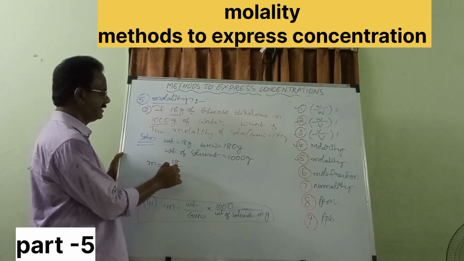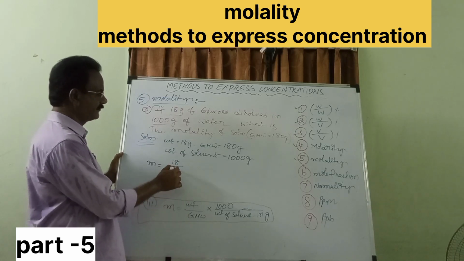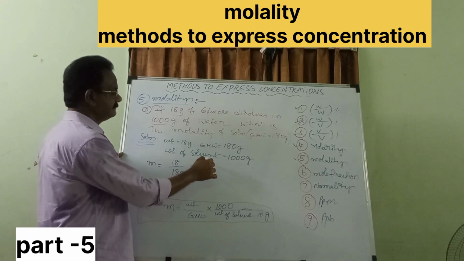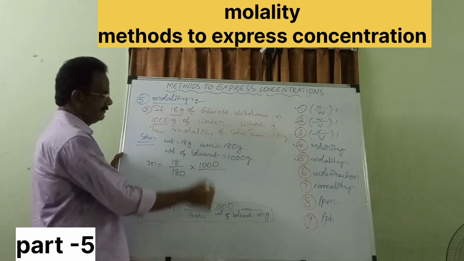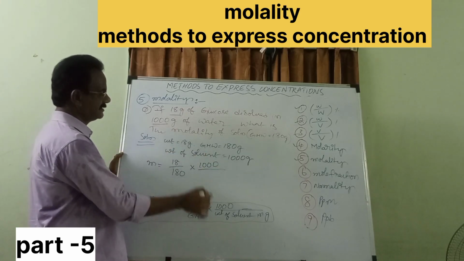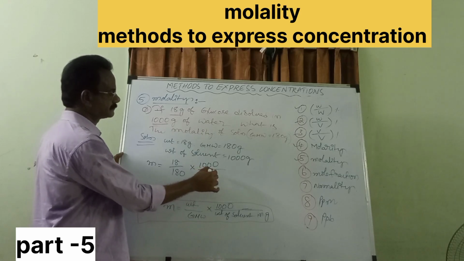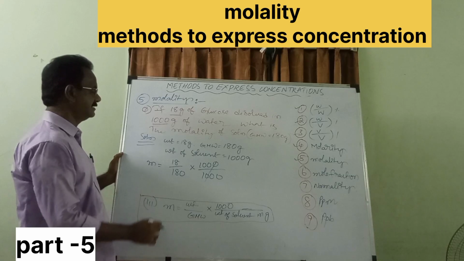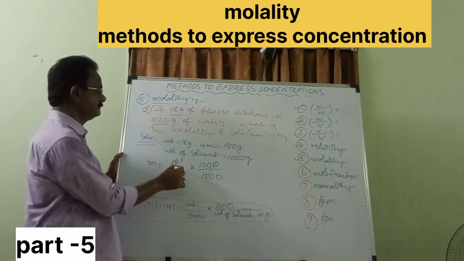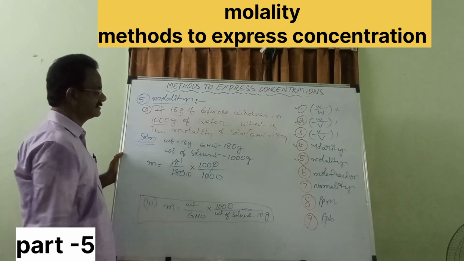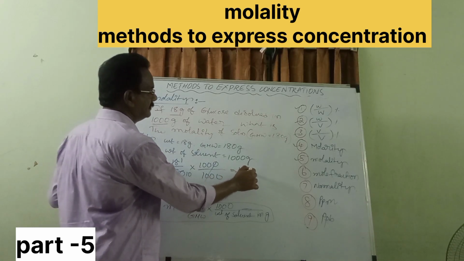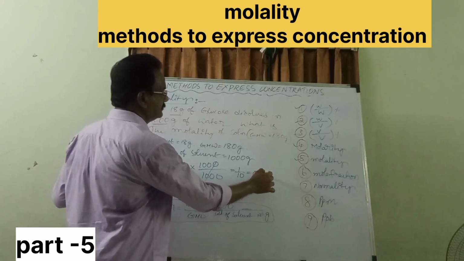Okay. By substituting these in the given formula, m is equal to weight 18 grams divided by GMW of glucose 180 grams into 1000 by weight of solvent in grams, that is 1000. Okay, these both get cancelled, and here 18 tens are 180, it is equal to 1 by 10. It is equal to 0.1.